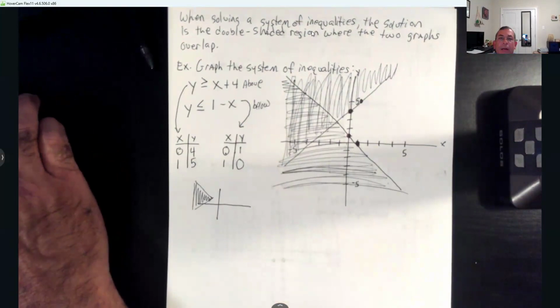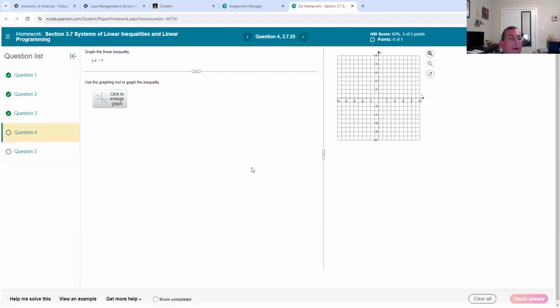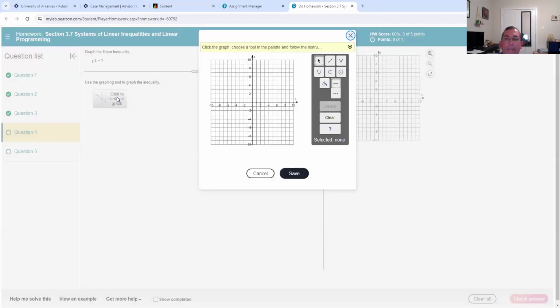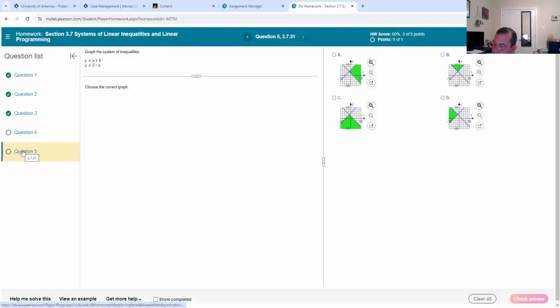So let me show you that. Let's go back to MathLab. Oh, we didn't do this one yet. So that was the one y less than or equal to -1. I'm just going to go to the next question, 5. Different numbers, but it gives you the same 4 pictures every time.